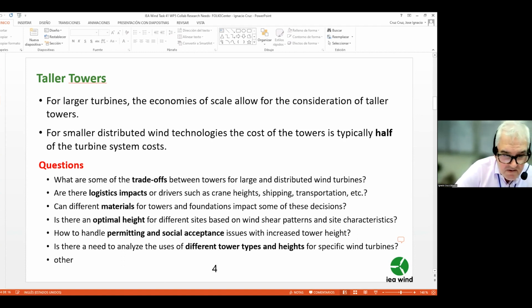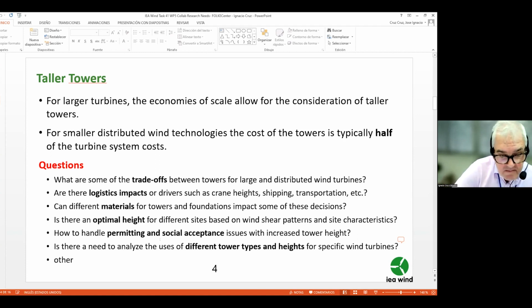There are some questions about this topic, like what are the trade-offs between towers in large and distributed wind turbines? What are the logistic impacts or drivers such as crane heights, shipping, or transportation of towers? Can different materials for towers and foundations impact some of these decisions? Is there an optimal height for different sites based on wind shear patterns and site characteristics?